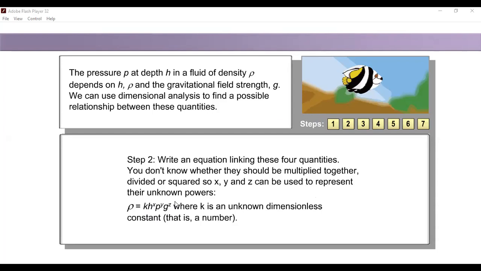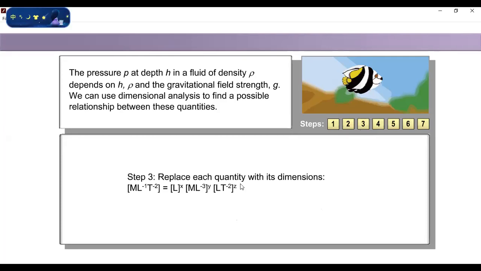If the power x is equal to 0, that means none. But they said that the relationship must have powers of 1 or more. So now we need to find out x, y, z first. How? First, replace each quantity with its dimension.